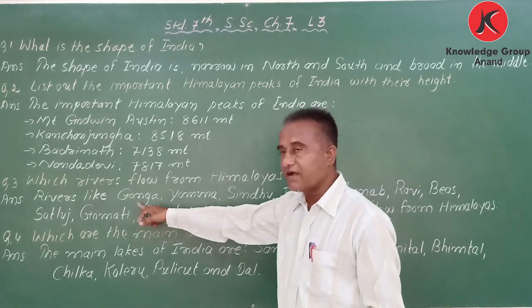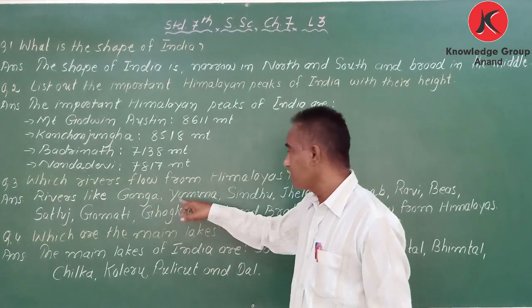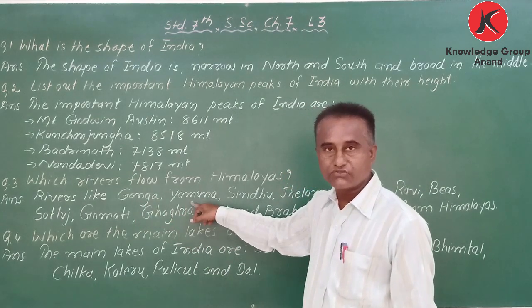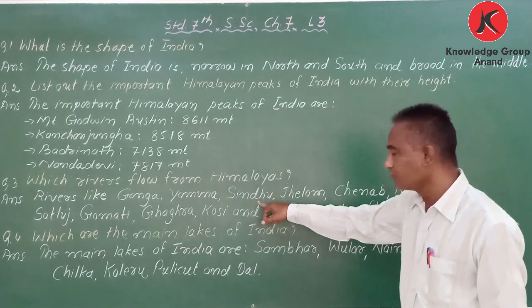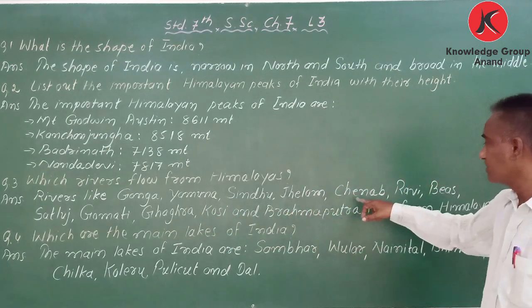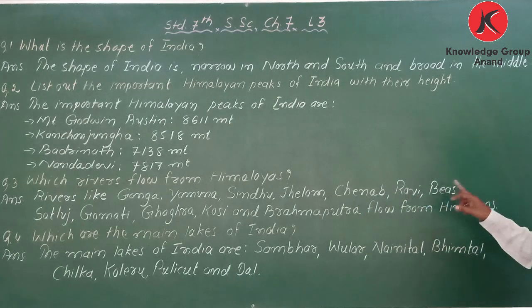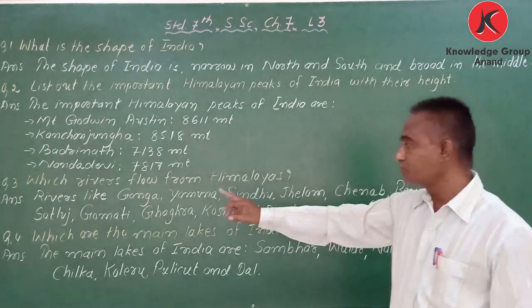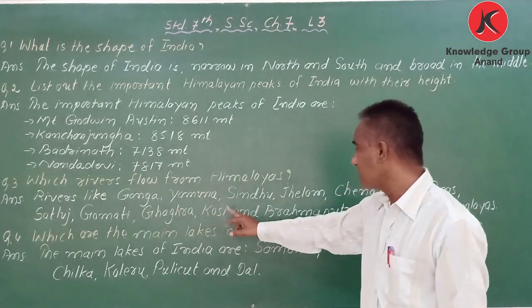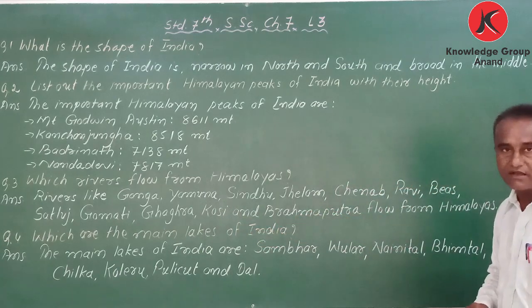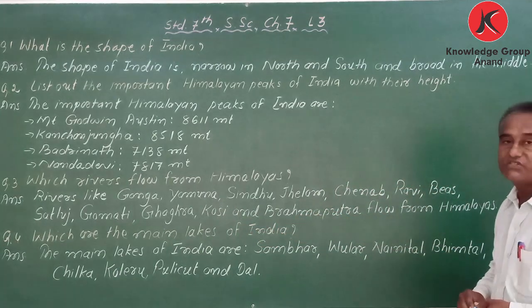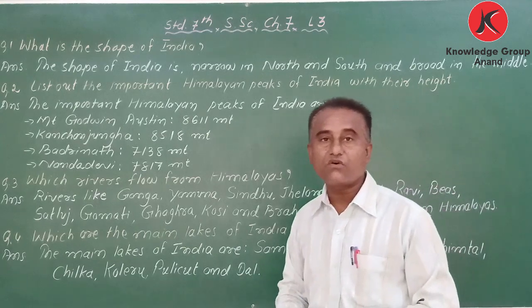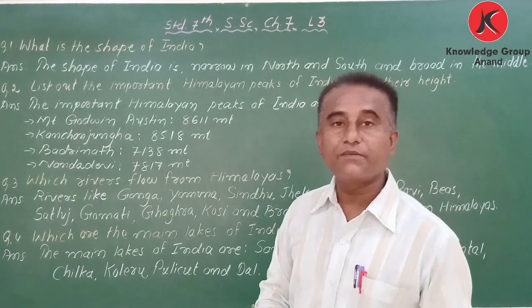Rivers like Ganga, that everybody knows. Yamuna, that everybody knows. Then Sindhu, Jhelum, Chenab, Ravi, Beas, Satluj, Gomti, Gagra, Koshi, and Brahmaputra are the main rivers which flow from the Himalayas.